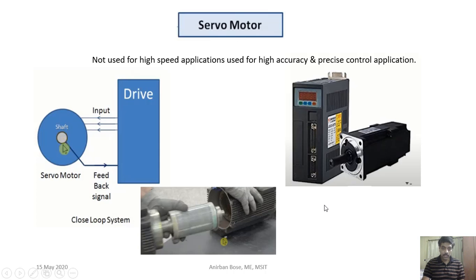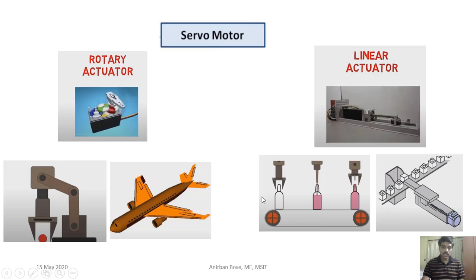Okay, now you see some of the applications like rotary actuators, linear actuators. Here you can see robotic arms, control surfaces in aeroplane. For industrial applications, you can see the linear actuators can be used for a bottling plant, maybe placing a bottle, filling some liquid within the bottle, and then the cap is sealed.